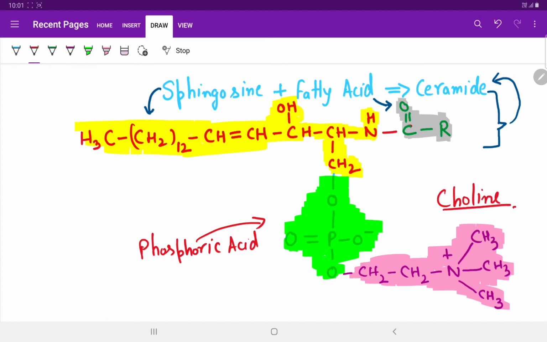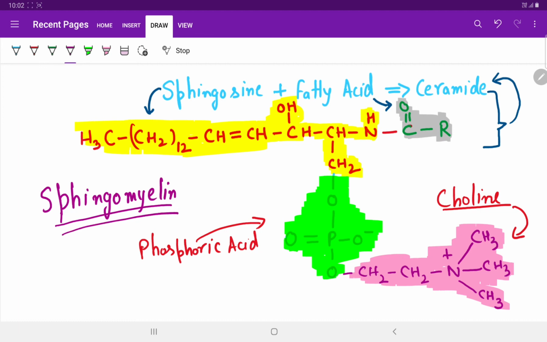So now together we are having our 4 groups attached: alcohol sphingosine, 1 fatty acid, 1 phosphoric acid and 1 molecule of choline. Together this forms the structure of sphingomyelin. So students, I hope the structure of sphingomyelin is clear to you all now. In our next class we will be starting the structure of glycolipids or glycosphingolipids.